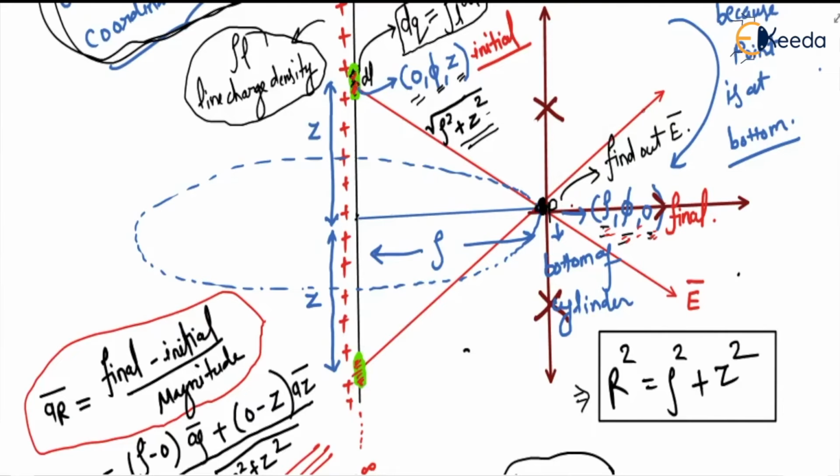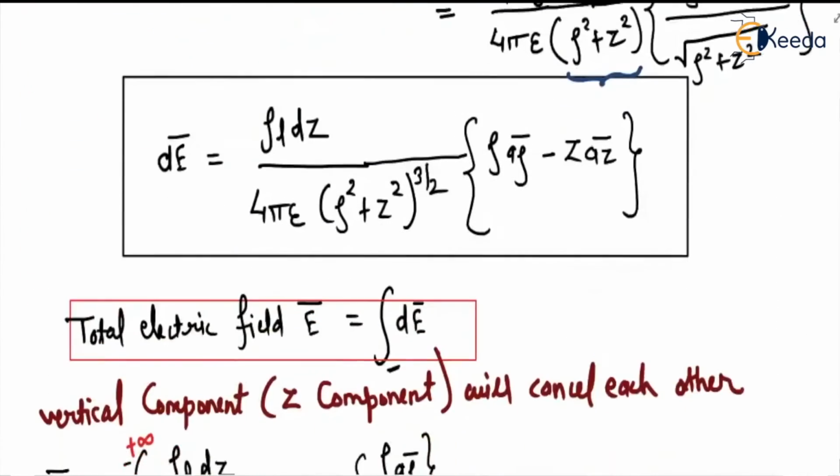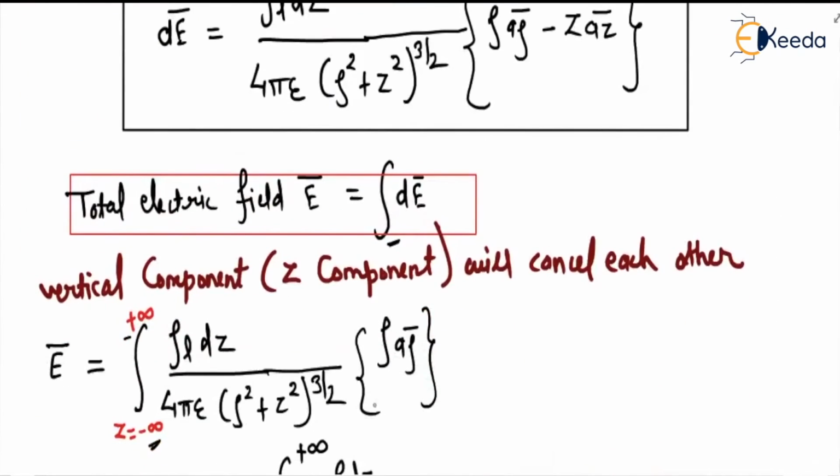When we resolve the components, it is clear from the figure that the vertical components cancel each other, and only the horizontal component will be present. So the z components cancel each other, and we will discard them.